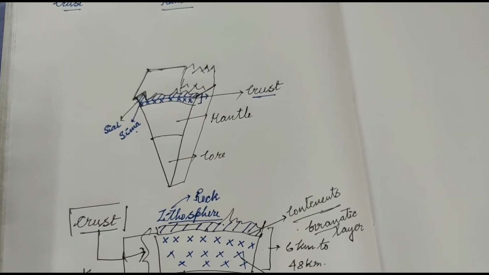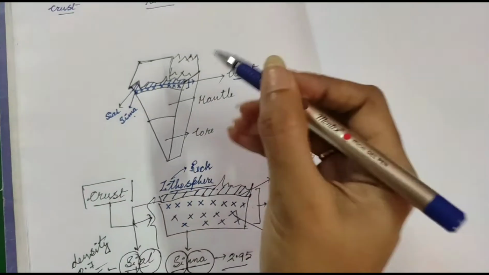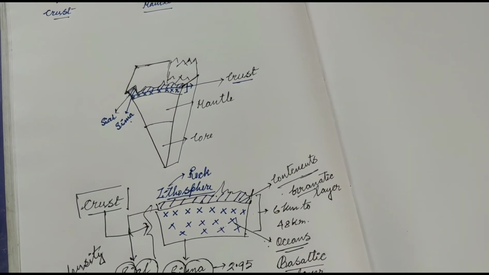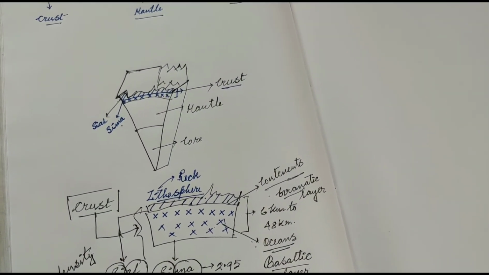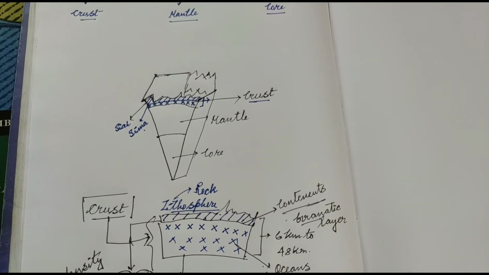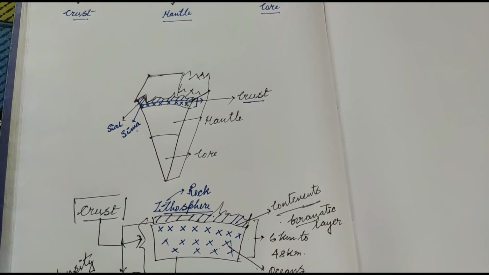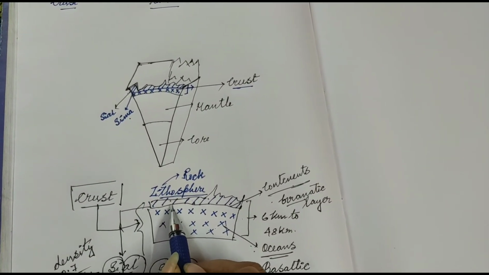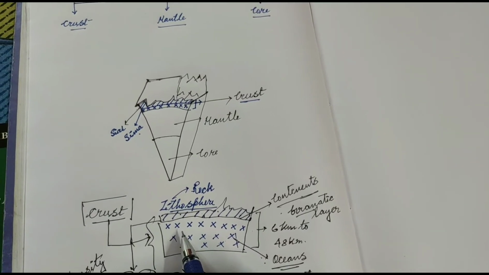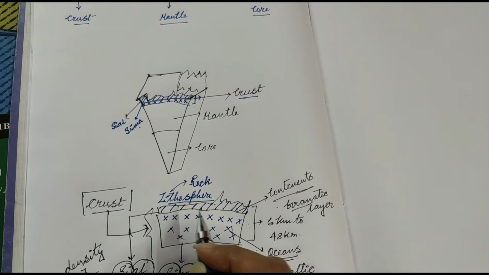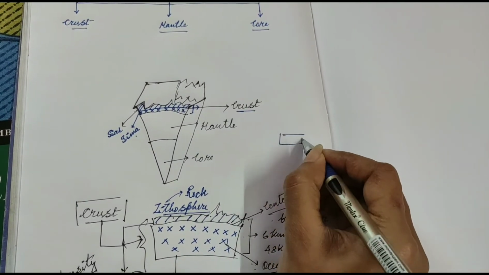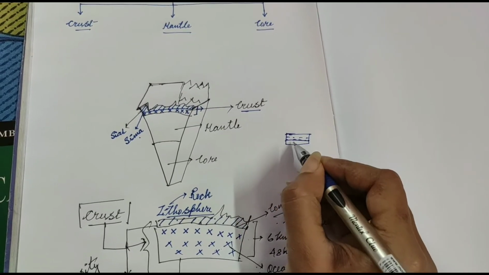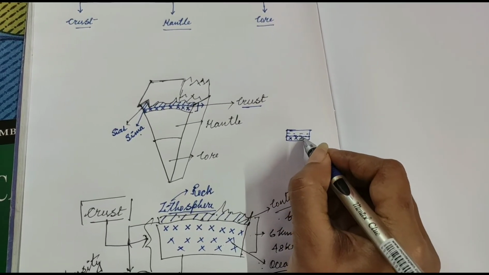One interesting thing about the crust is under the continent part. Okay, not in the continent part, sorry, under the mountain part. Yes, mountain is the part of the continent. So under the mountain part, the crust portion is the thickest, but under the sea, if I am drawing here, these are the water, these are the sea, and under this sea, this is the crust.